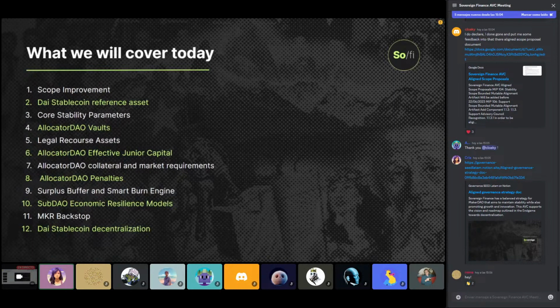The slides contain the following: the scope improvement, the DAI stability, DAI stablecoin as the reference asset, the core stability parameters, the allocator DAO vaults, the legal recourse assets, the allocator DAO effective junior capital, the allocator DAO collateral and market requirements, the allocator penalties, the surplus buffer, and smart burn engine. I'm pretty sure that a lot of you are here to listen about these specific topics: the DAO economic resilience models, the MKR backstop, and the DAI stablecoin decentralization.